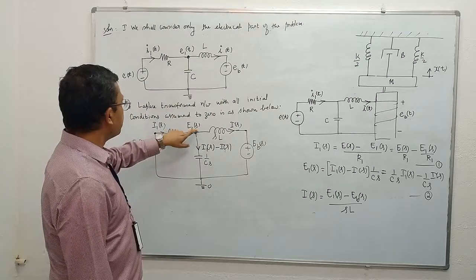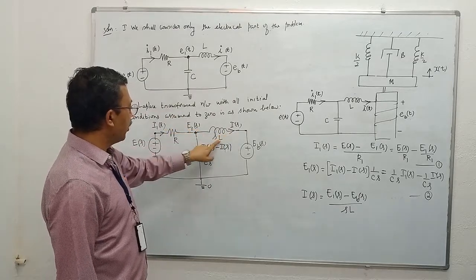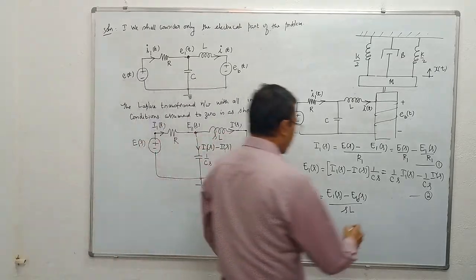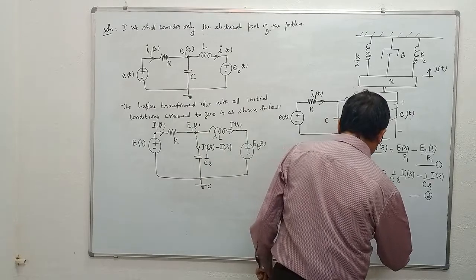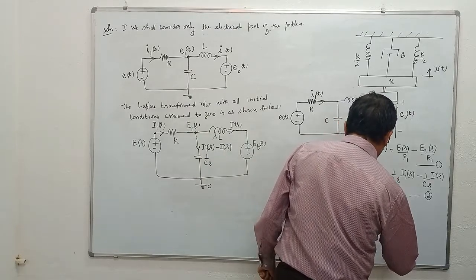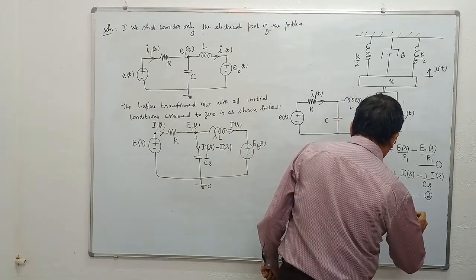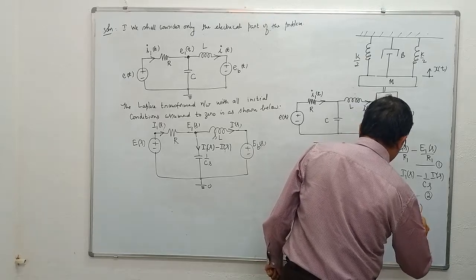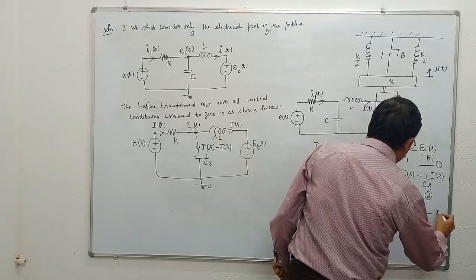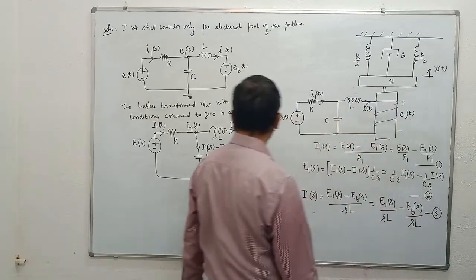So this I write as E1(s)/sL minus Eb(s)/sL. This is equation number 3.